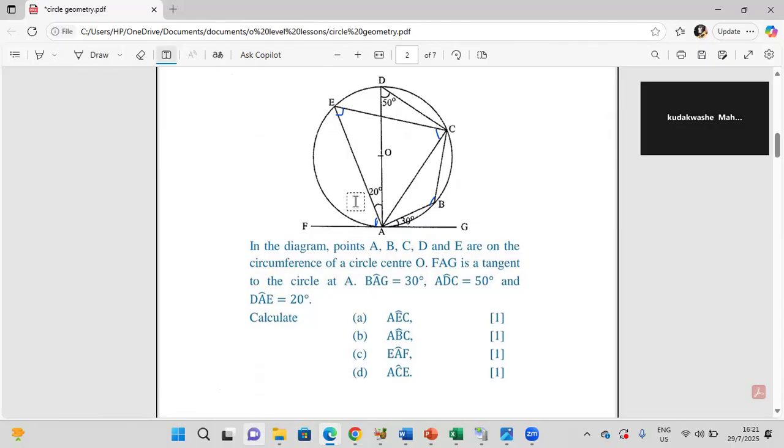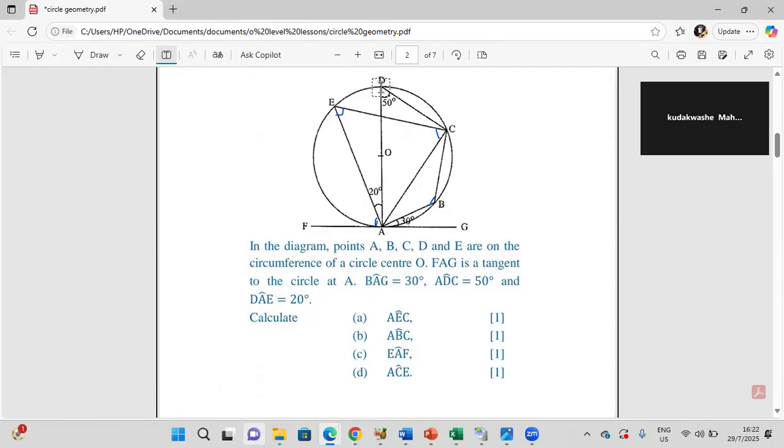Before I attempt these angles, I first of all download the theories that I already know. So let's start with the simple theories that you can pick. I don't know from your end, but as for me, just by looking at this question, I can see a cyclic quad. Let's say if I'm considering D, A, B, C, let's ignore E for a moment.